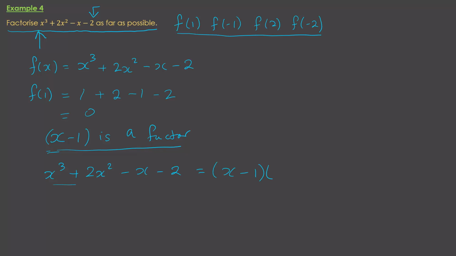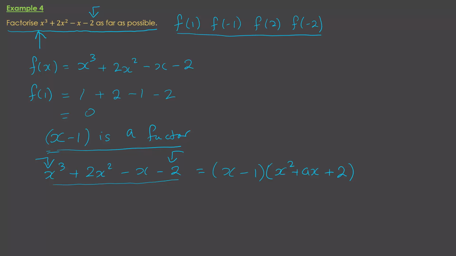And since this is a cubic, the other term here is going to be a quadratic. Now, in order to get the x cubed at this end, we'll put x squared in here. In order to get negative 2 at the other end, we're going to have plus 2. And in the middle, we're not sure what that's going to be, so I'm going to write plus ax.